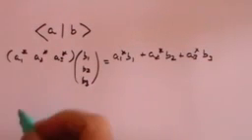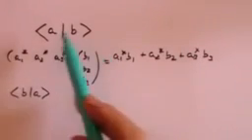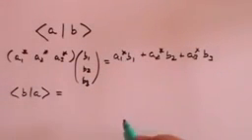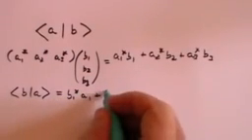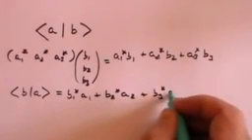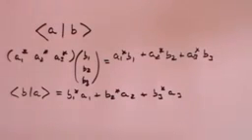Now suppose I had asked us to do BA instead of AB. I think you will see that, through similarity, what you will get here is B1 star A1 plus B2 star A2 plus B3 star A3, because these will just be reversed.